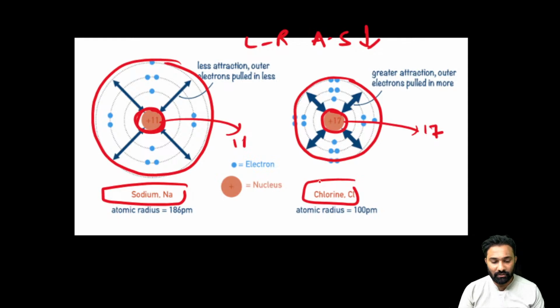Due to that, the more the nuclear attraction, the more the valence electrons will be attracted towards itself. Due to that, the orbit size will decrease. Right? By that, we got one statement.